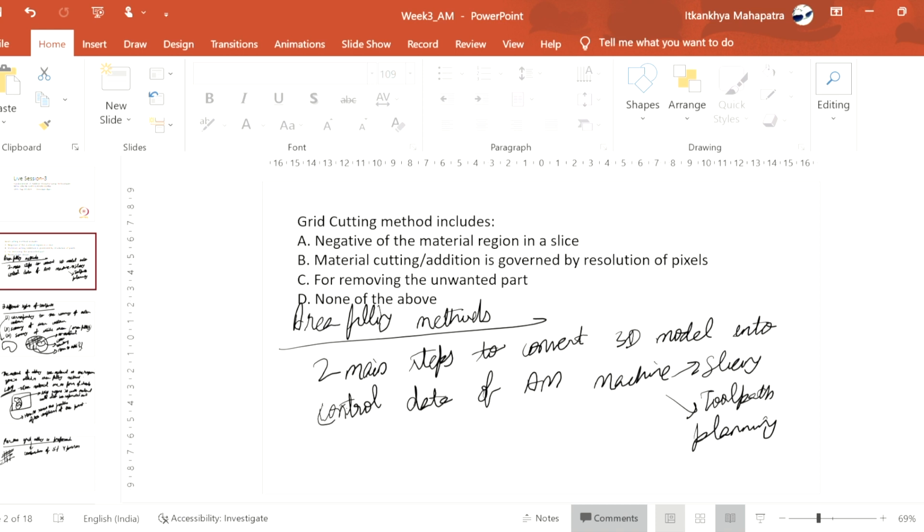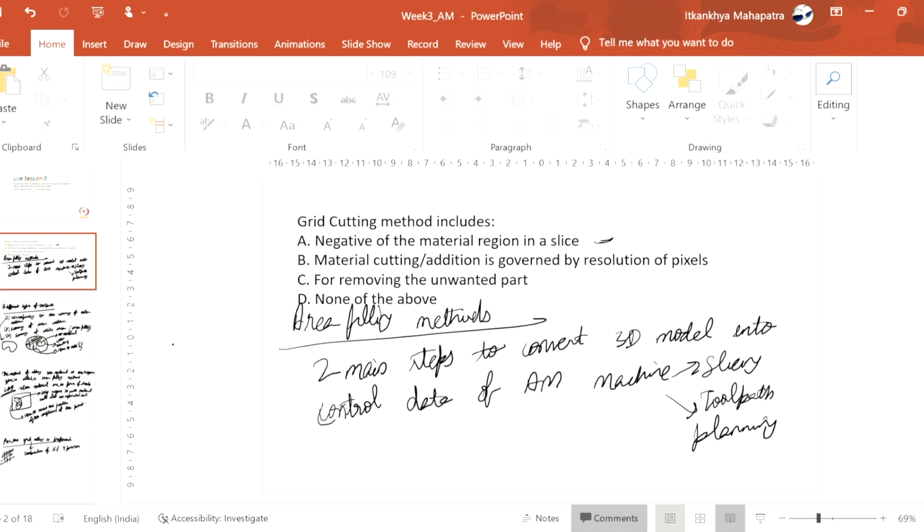So this method involves dividing an image into a grid of small squares or pixels and then performing various operations on these pixels to achieve desired changes in the image. So negative of the material region in a slice does not accurately describe the grid cutting method. It is not commonly used in the context of image manipulation through grid cutting.